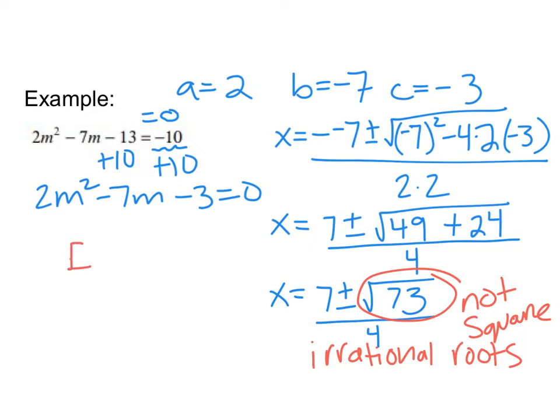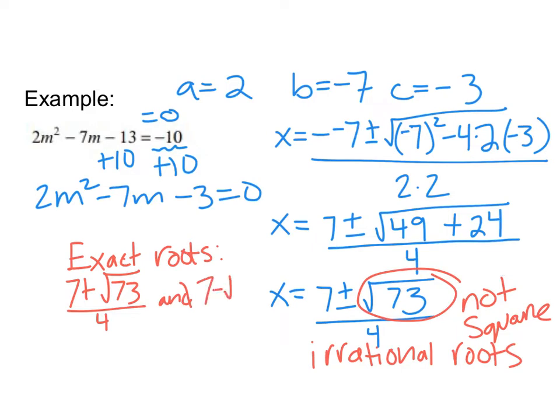If I want to give the exact roots, then I have two of them. They are 7 plus the square root of 73 over 4 and 7 minus the square root of 73 over 4.